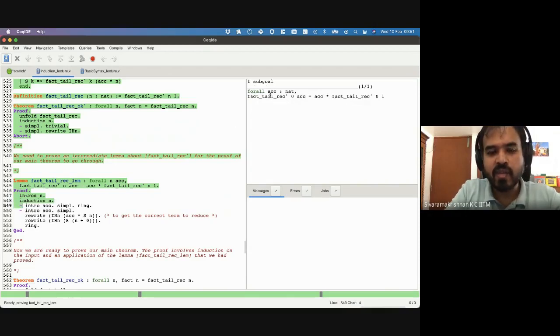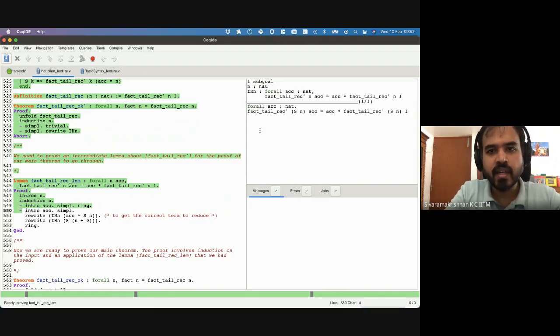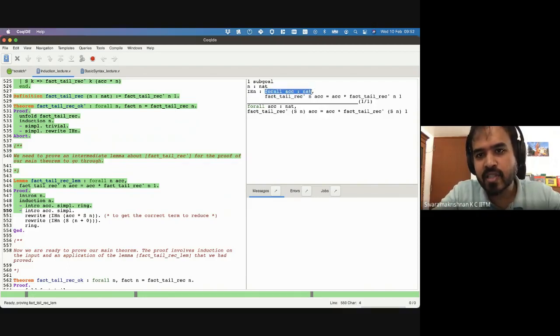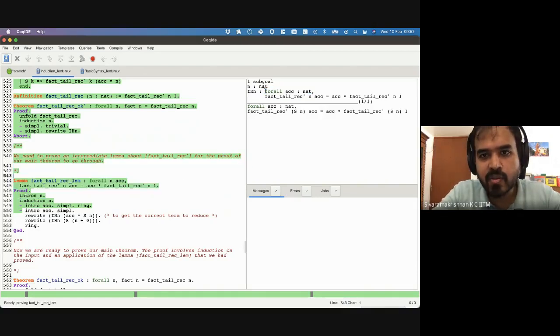So apply induction on n as you should. Now introduce accumulator, pick an arbitrary accumulator, do the simplification, and yeah, this is basic arithmetic. So the ring tactic will make it go through, right? So observe that in the induction hypothesis, because I didn't introduce the accumulator here, the induction hypothesis actually includes a for all accumulator NAT.